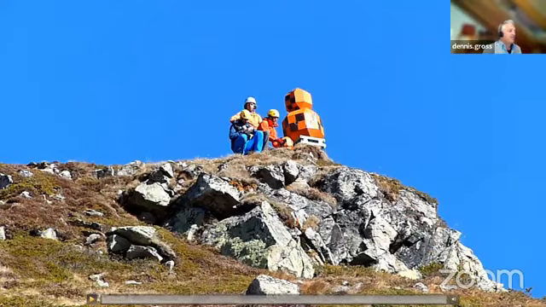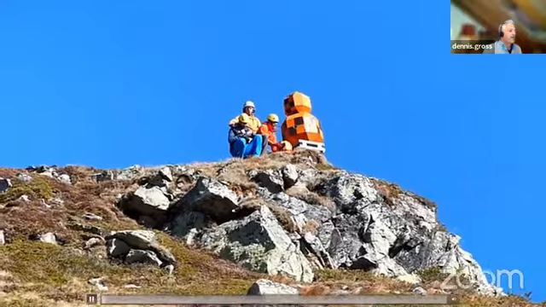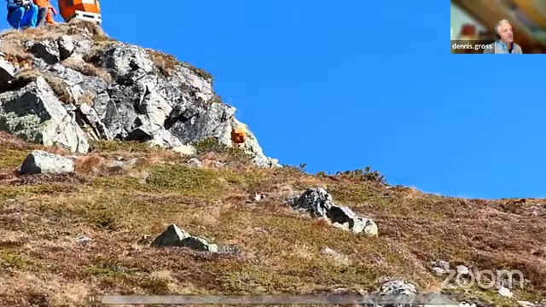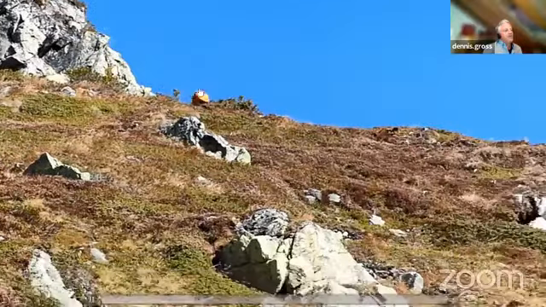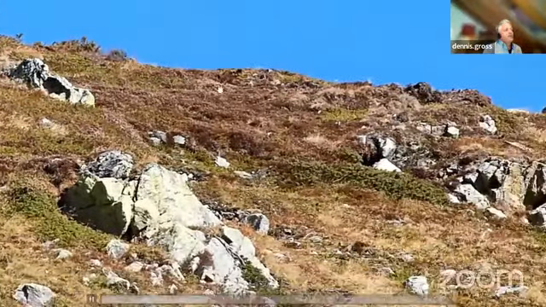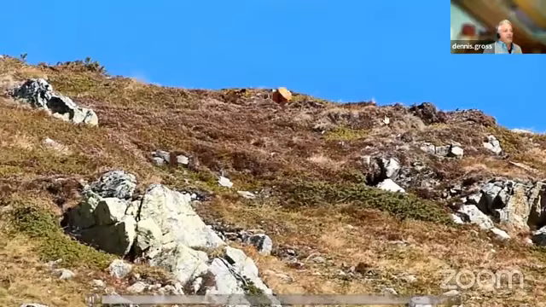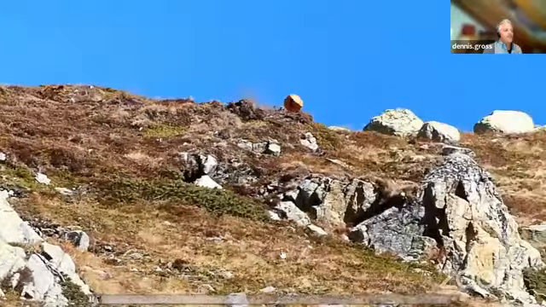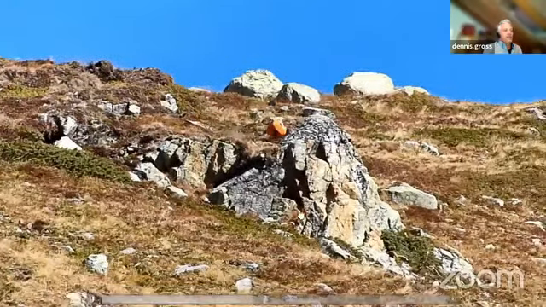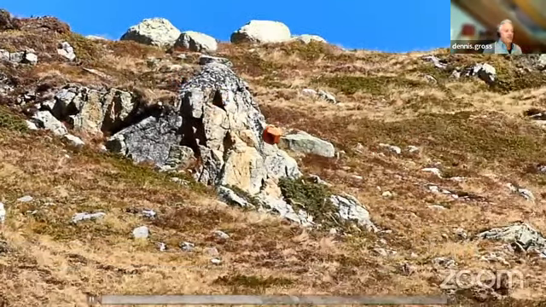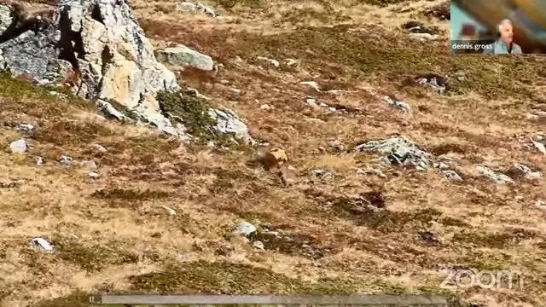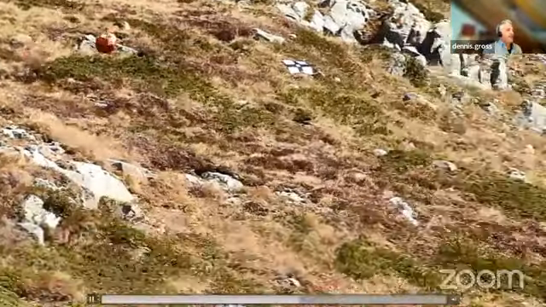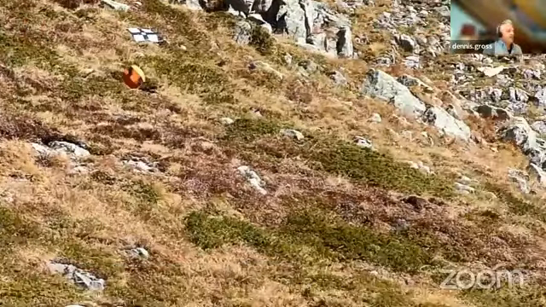So we have a quick look at this video, and I hope you can see it a little bit, and just try to see how this boulder moves on the slope, and now will change its direction and comes towards us, and then again accelerates, the rotational velocity increases, and we have one incident here.